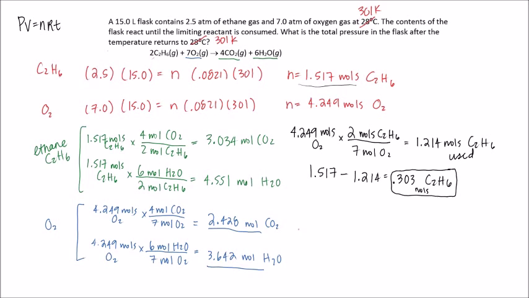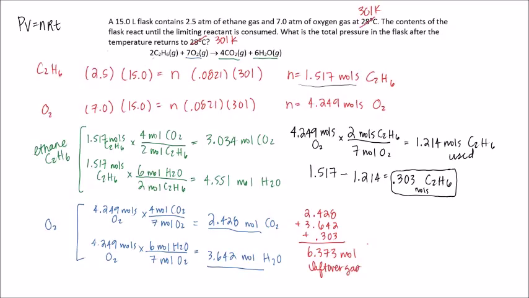So all we have to do is add up the moles of products, and that's all we're doing right here. And we have 6.373 moles. So you see I took the number 0.303 plus the product plus the other product and got 6.373 moles of leftover gas. So by leftover gas, I mean what is left in the flask when the reaction is done.